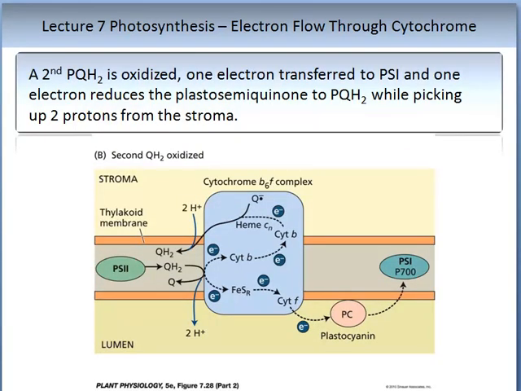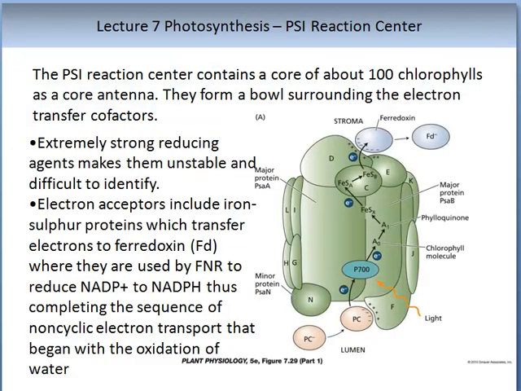A second PQH2 is oxidized. 1 electron is transferred to photosystem 1 and 1 electron is transferred to plastoquinone, or PQ, while picking up 2 protons from the stroma. This is a more detailed visualization of the photosystem 1 reaction center.